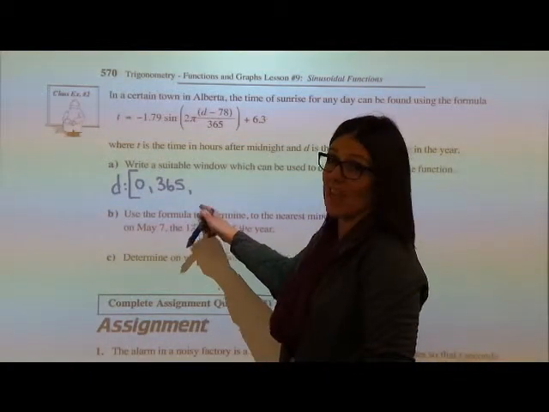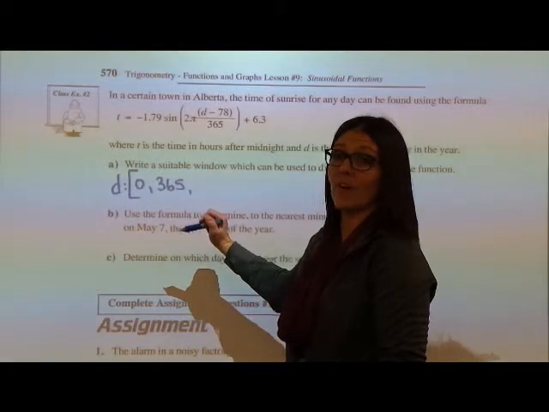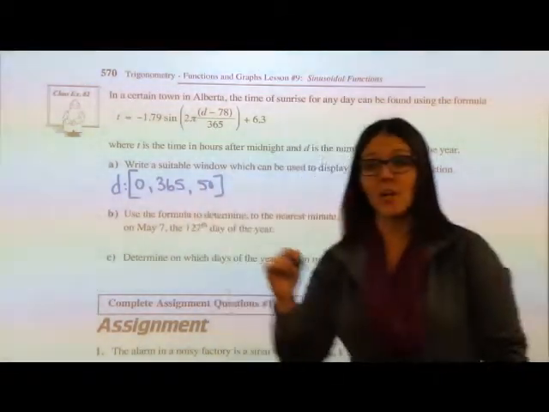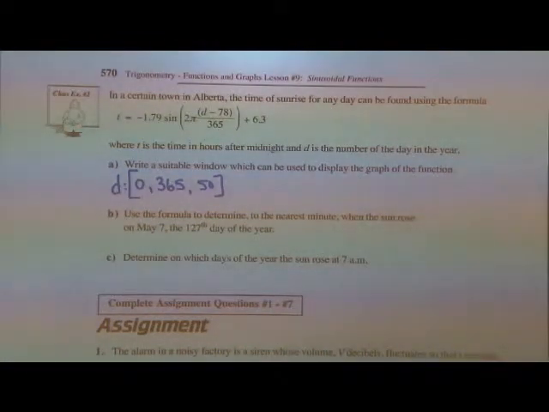Doesn't have to be anything exact. It doesn't have to be a multiple of 365. Maybe like 50s. Sure. So then each tick mark would represent 50 days. Something just so that I can get some kind of ability to see where I am on the graph.